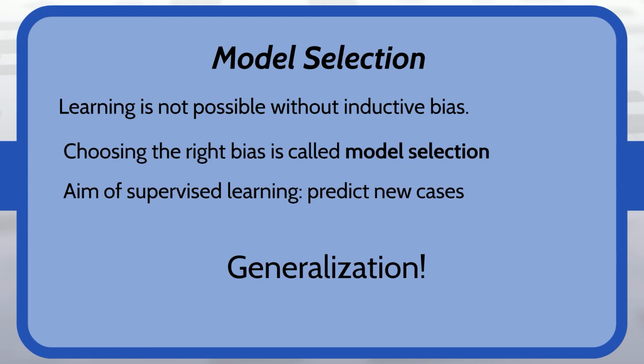Instead, we want to choose the amount of bias that is going to give us the most accurate predictions on novel cases or new instances of data, because that is the goal of machine learning, in supervised learning specifically, to be able to predict these new cases.